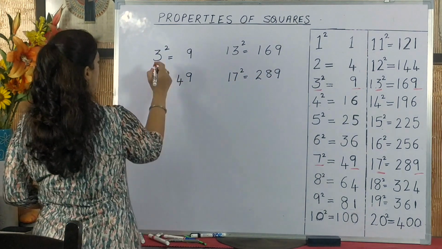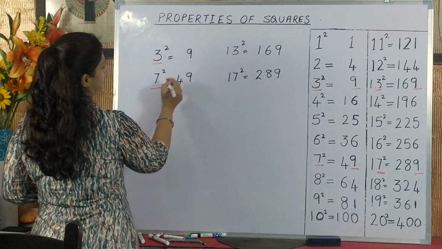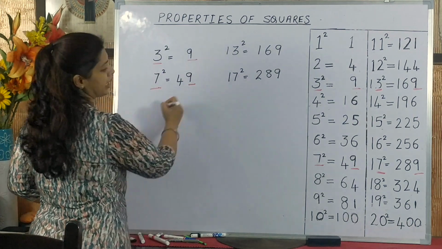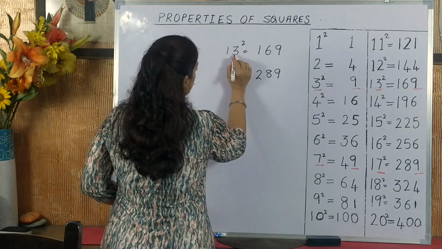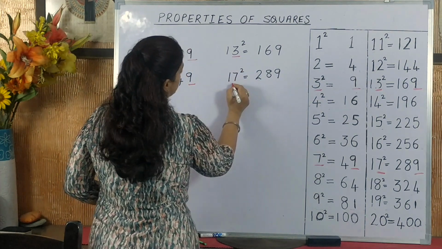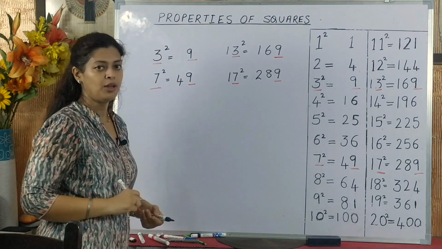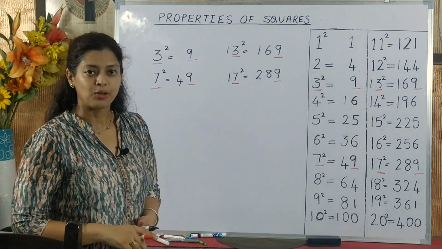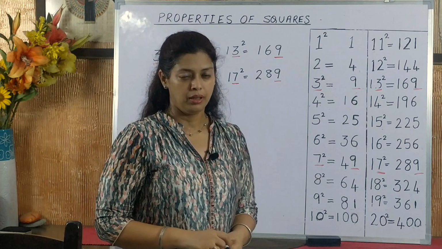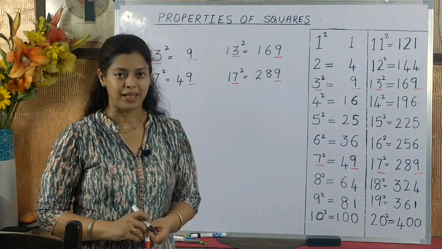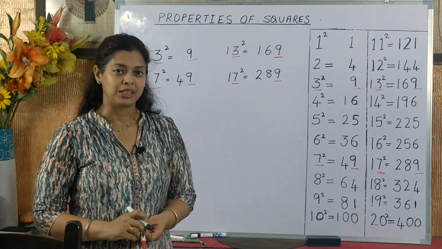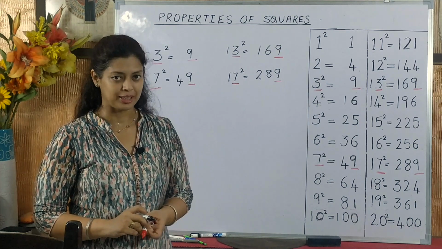So if the original number has 3 or 7 in the units place, the squares are having 9 in the units place. The same holds here, original number is having 3 or 7 in the units place, but the squares are having 9 in the units place. And this holds true for any number which has a 3 or 7 in the units place. The squares of such numbers will always have a 9 in their units place.